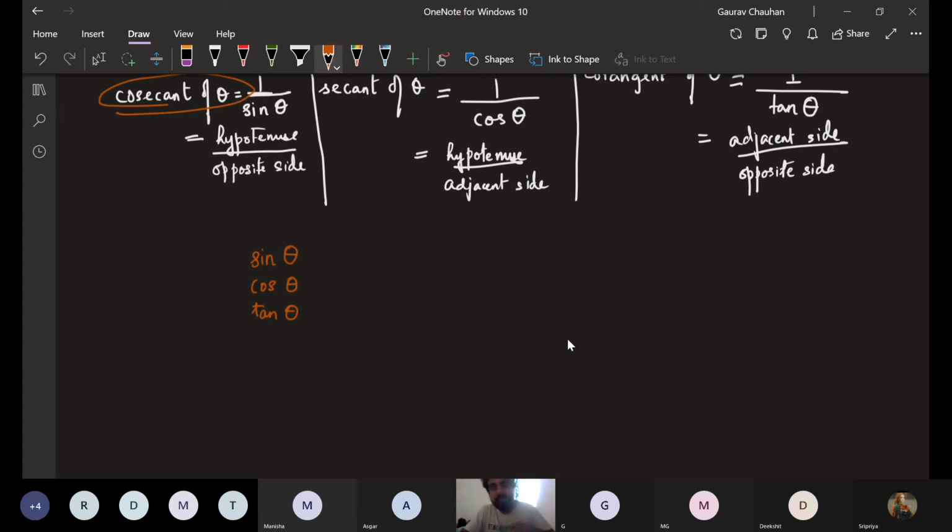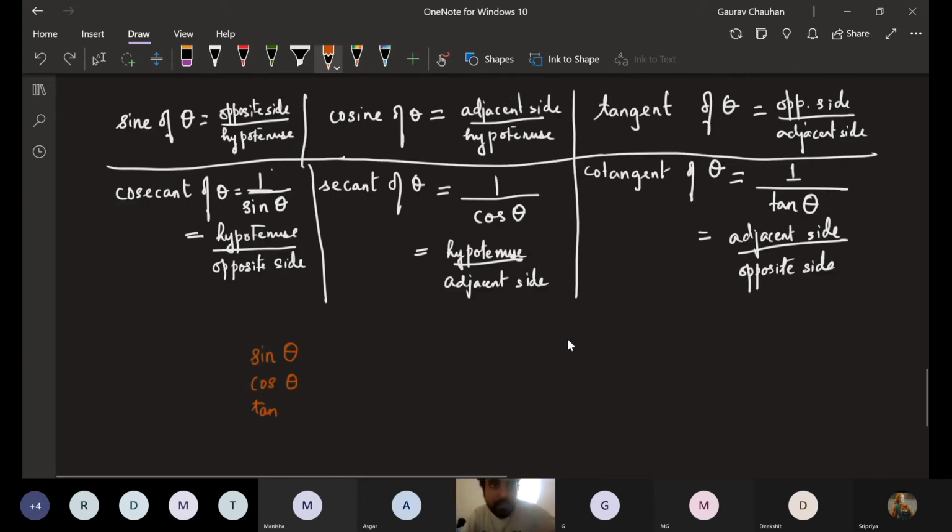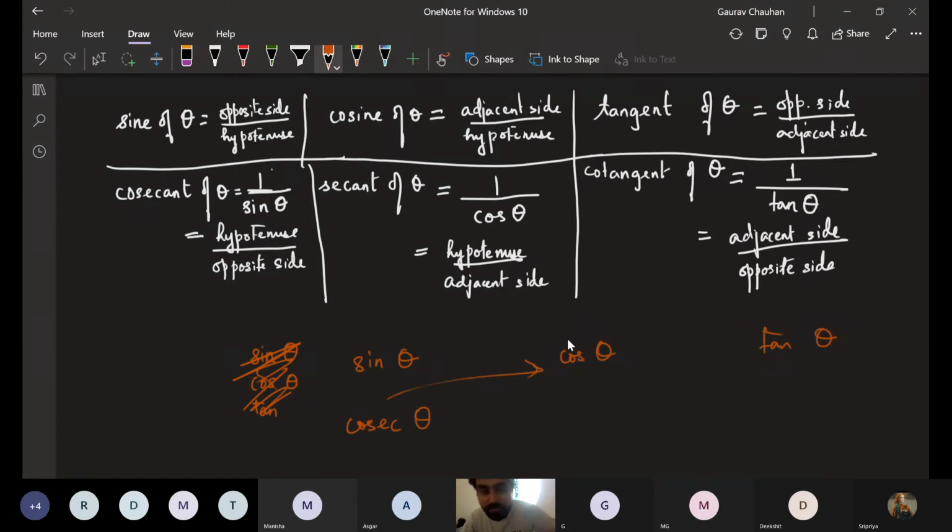Cosecant of theta. This one's short form is, let me actually write it. Sin theta, cos theta, tan theta, and then it is cosec theta. Cosecant, cosec, because if we put cos, then it will become cos only.